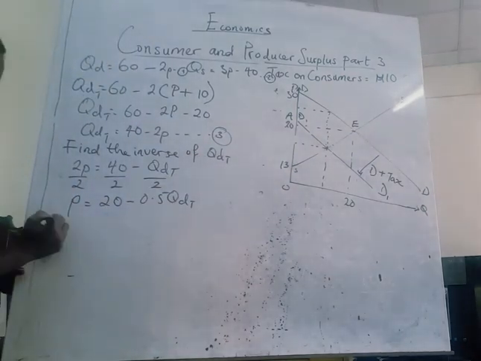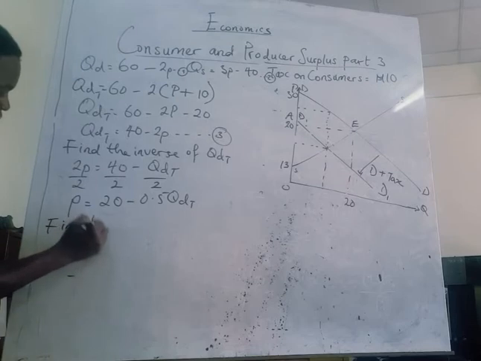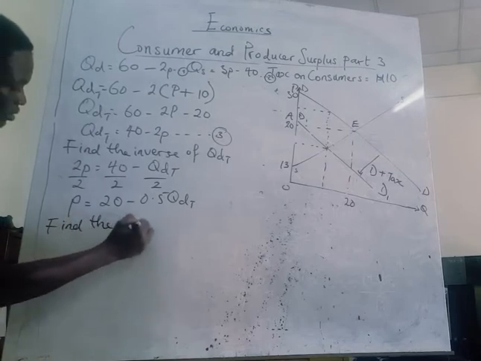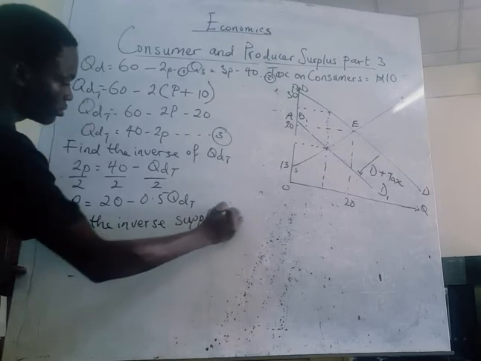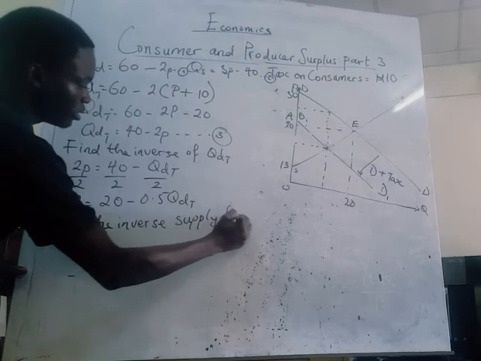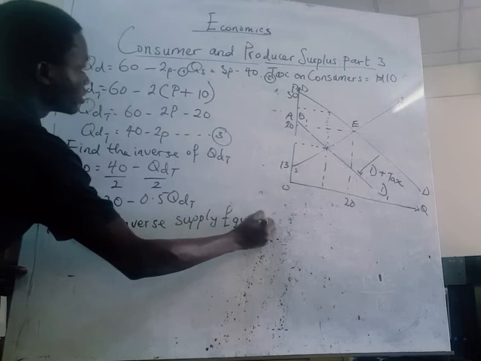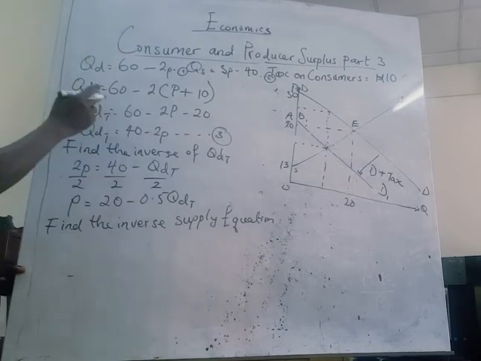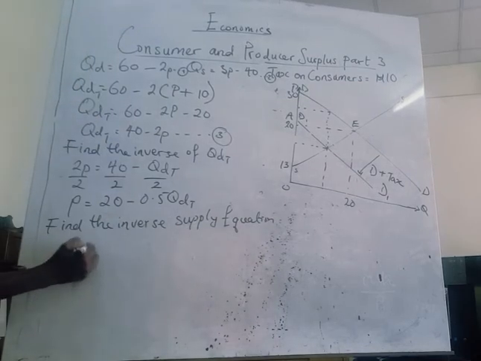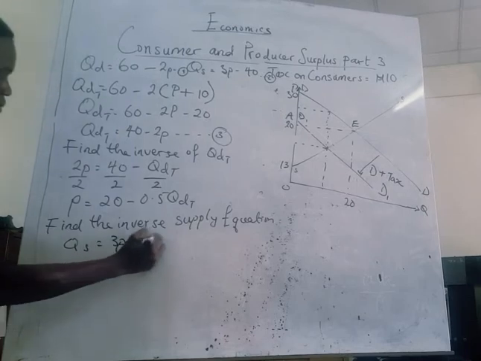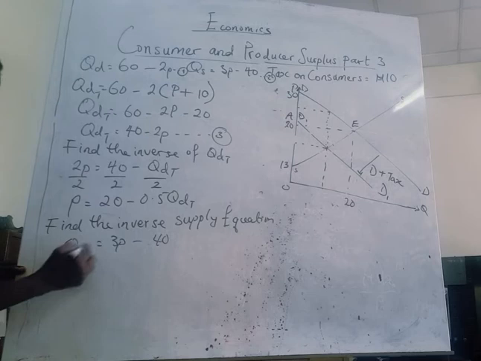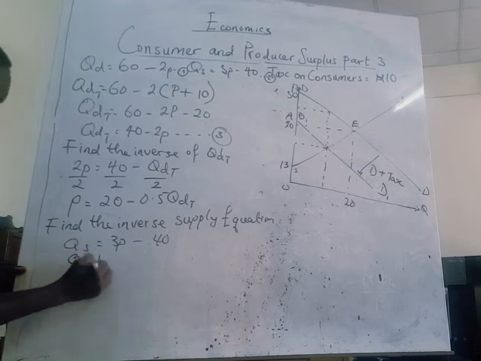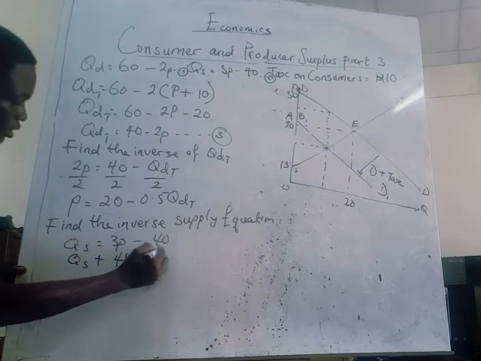So we find the inverse supply function. We have Qs equals 3p minus 40. So this is going to give us Qs plus 40 equals 3p.